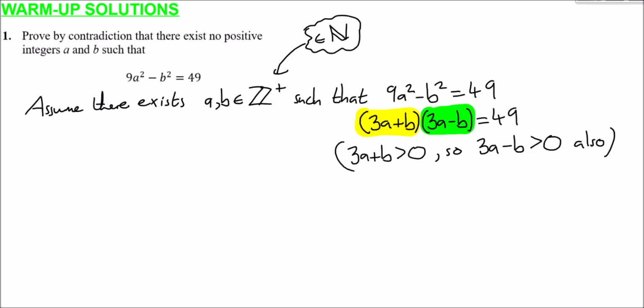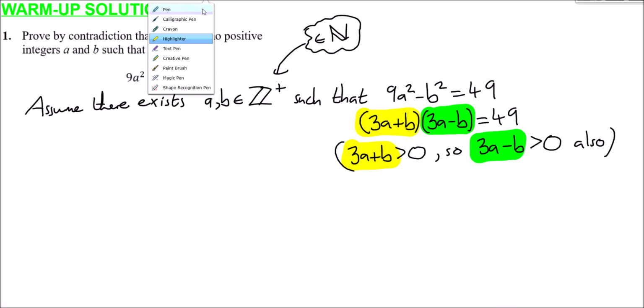So how does this help us? Well, this is very similar now to GCSE. I'm essentially trying to find two values, in this case 3a plus b and 3a minus b, such that one multiplied by the other gives 49. So what we're doing here, in a very dressed up sort of way, is finding factors of 49.